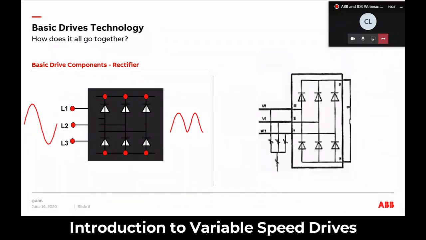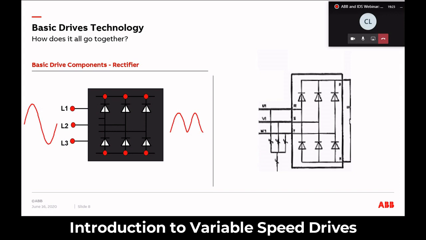So what the drive tries to do is convert it to a DC voltage, or very close to it, and then convert it more or less back to an AC voltage with a varying voltage and frequency that we have control of.